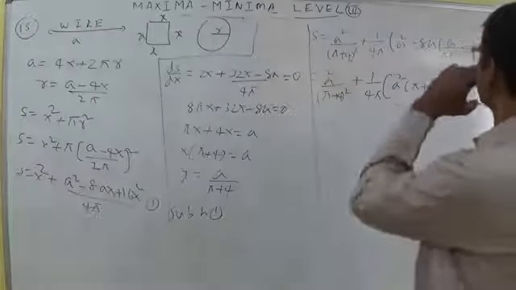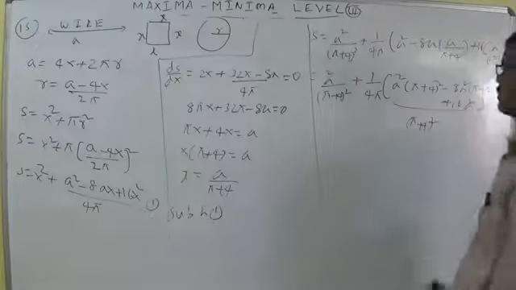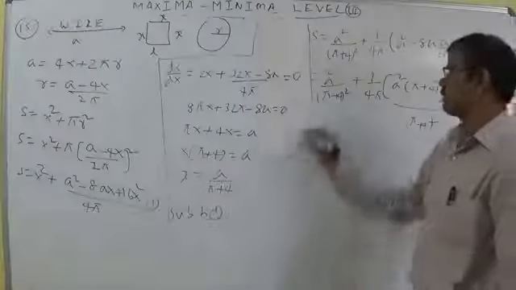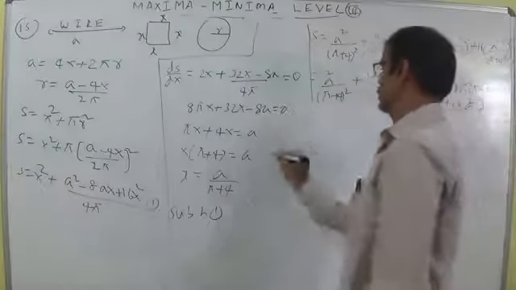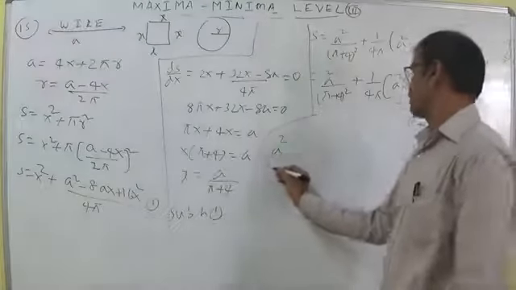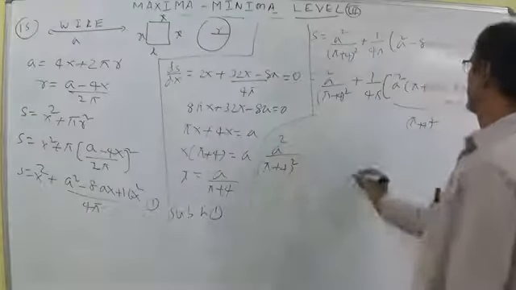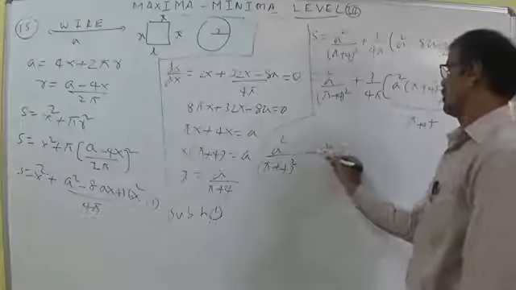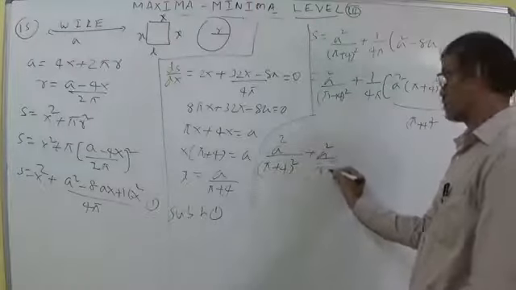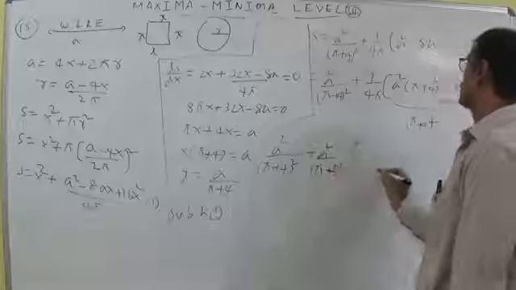So take an LCM, the value a square, this is (pi plus 4) whole square.